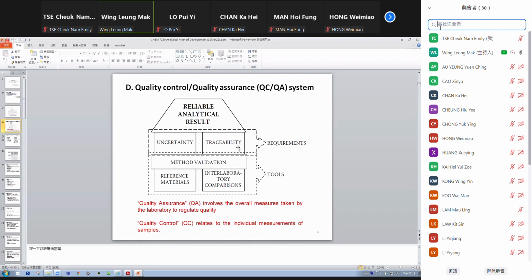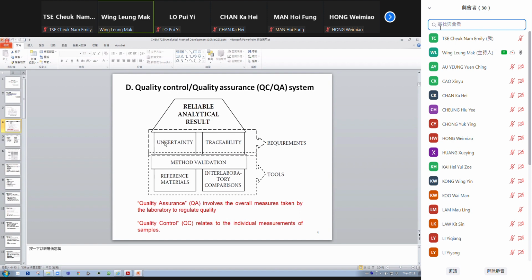The SI unit for chemical analysis, of course, is the mole. When the mole is divided by the volume, you have molarity, and you can always change back to the concentration. Okay, traceability.